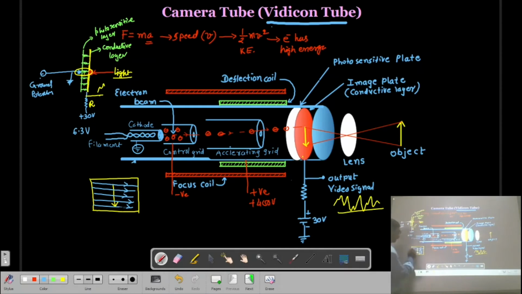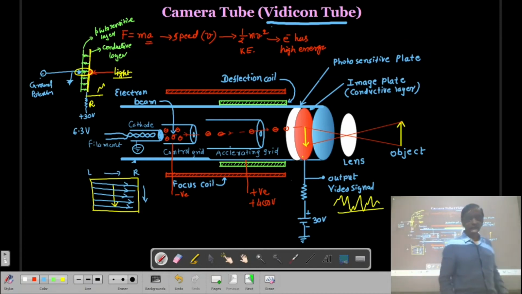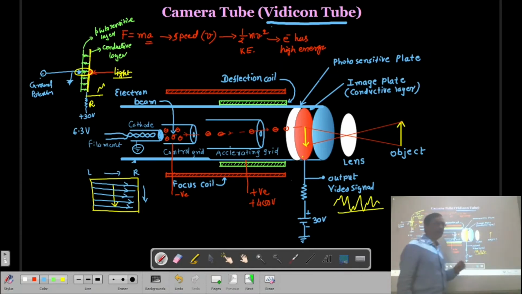Now how is this electron beam moving? Here the electron beam is moving from left to right, as well as moving from top to bottom. Correct? So the position of the electron beam is changing from left to right and from top to bottom. And this is possible only if we use the deflection coil.